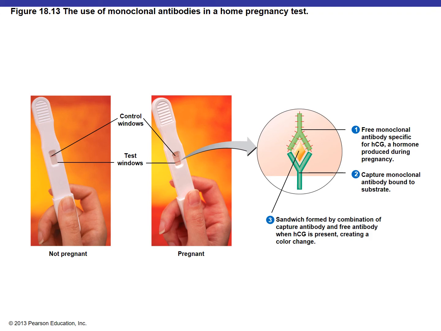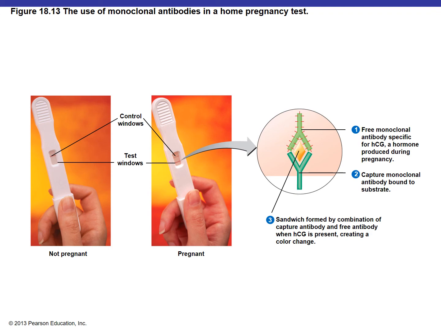Now, if the antibody with the HCG is floating past, being drawn through the strip by capillary action, the other antibody will bind to it and keep it there. Now remember, the mobile antibody is the one that has the color.